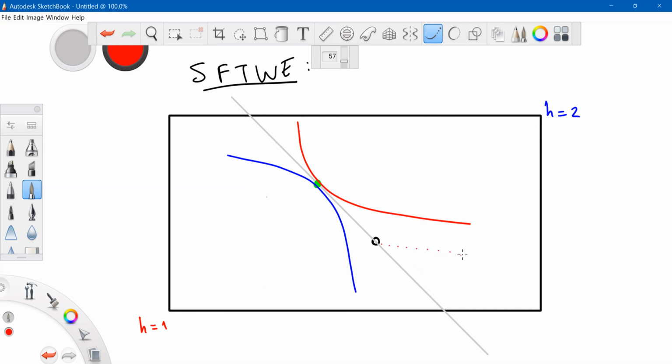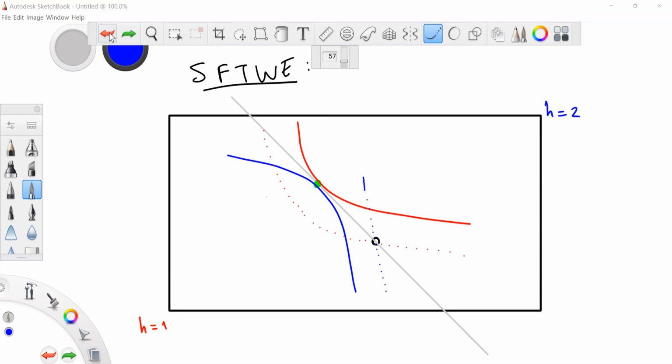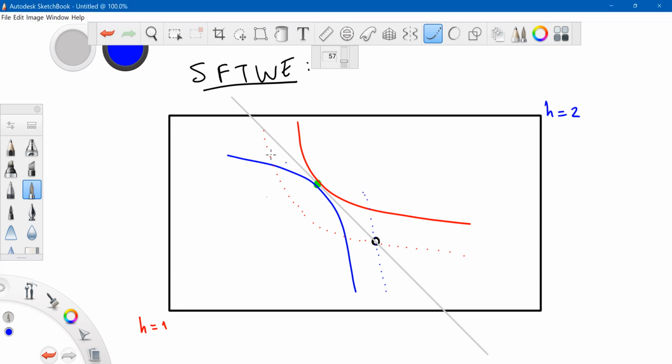Obviously, for the initial endowments, you have something like that. And for the blue one, you have something like that. Okay. So this is just the core.